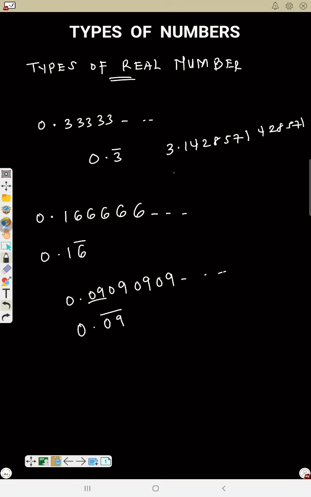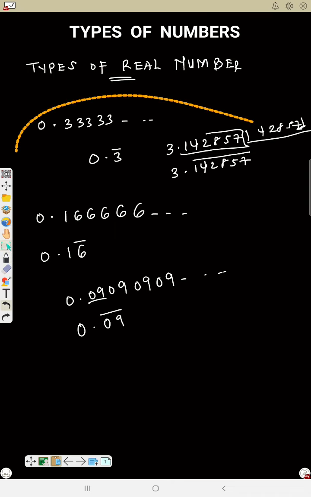What are we repeating here? This will be 3.142857 with a bar on all of it. That means 142857 is repeating, like that. So that is how we can represent a decimal in short form, especially a repeating decimal like this.